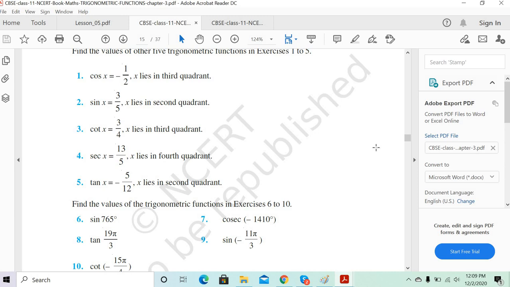However many times you do the revolution, finally when you boil it down, the angle will be between 0 and 360 only. Correct, Tanisha? Yes, sir. Excellent.